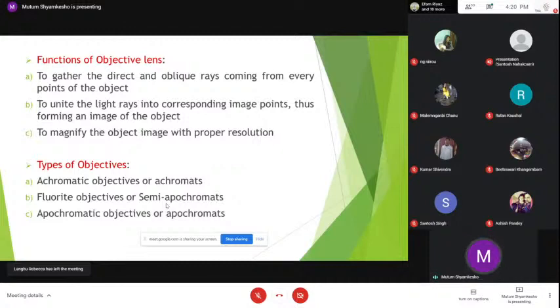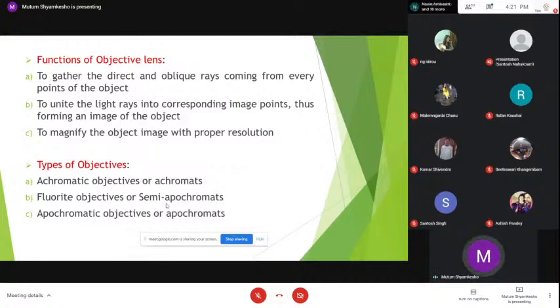And thus, these objective lenses are manufactured to correct different types of these optical aberrations, to avoid them and to form more perfect images when observed through these objectives.